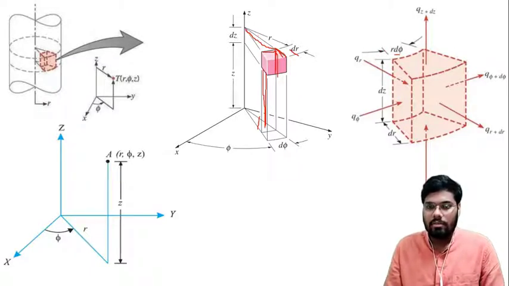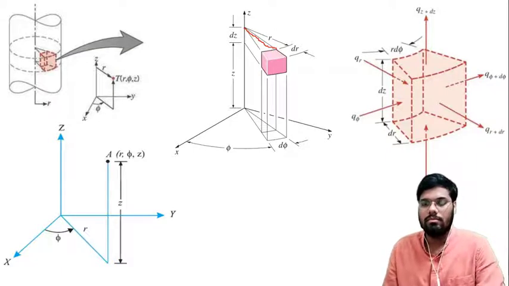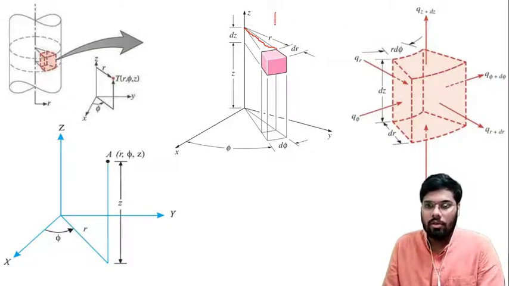We know that this line represents r. Okay, so this is r. Look at this line, this is our r. If we draw a top view projection of this volume in the xy plane, it will look like this. This is our top view projection.